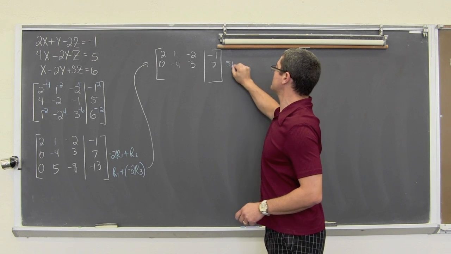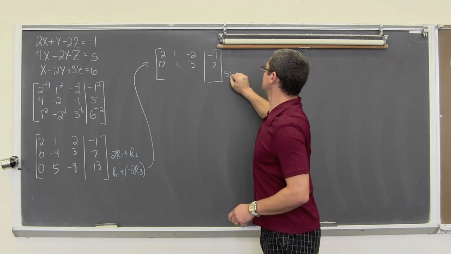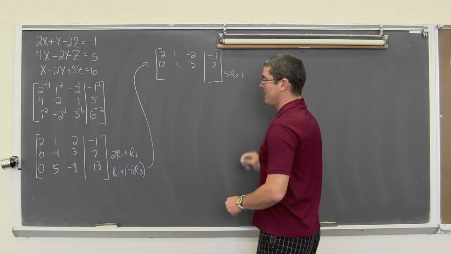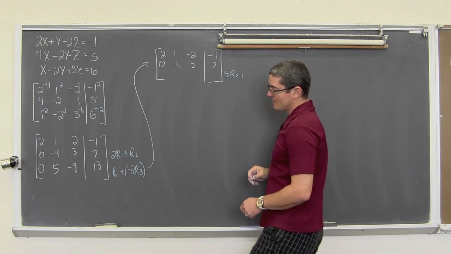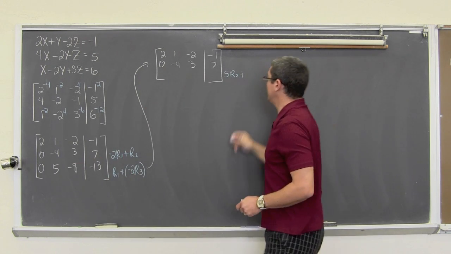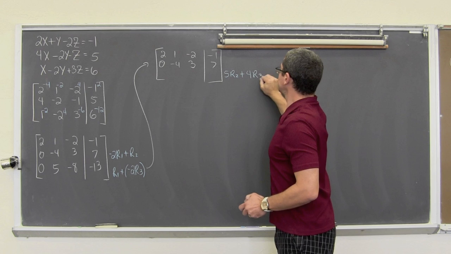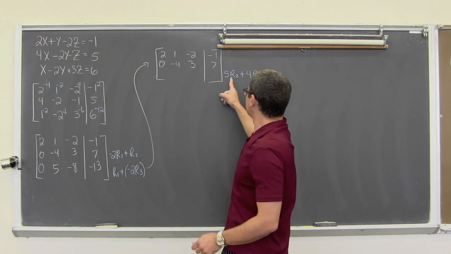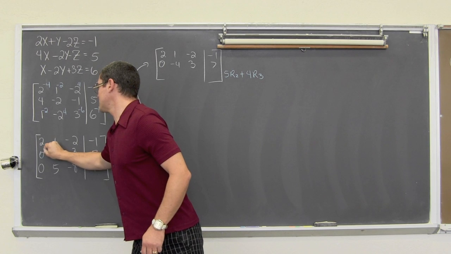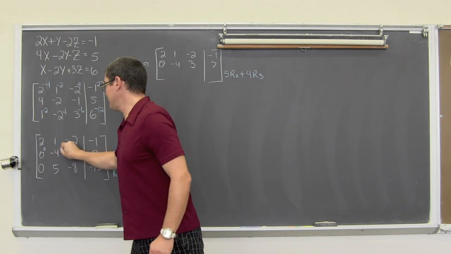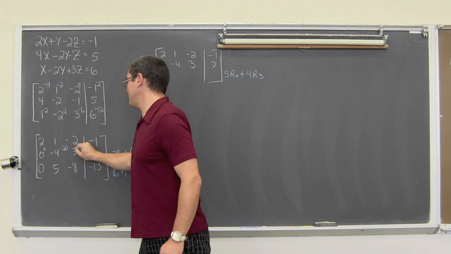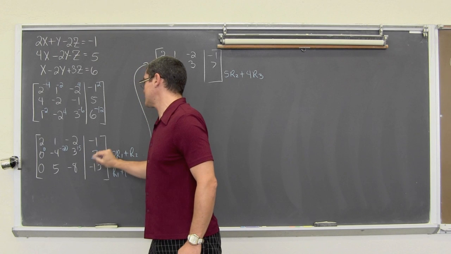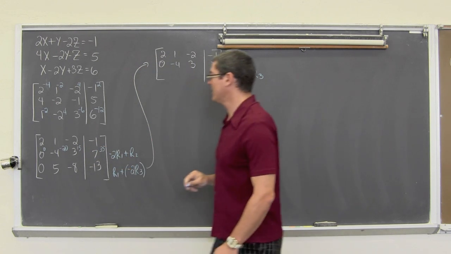So I'm going to do 5 times row 2 and add that with 4 times row 3. And let's put the notation up here. Second row, 5. All right, 0 times 5 is 0. Negative 4 times 5 is negative 20. 3 times 5 is 15. And 7 times 5 is 35.